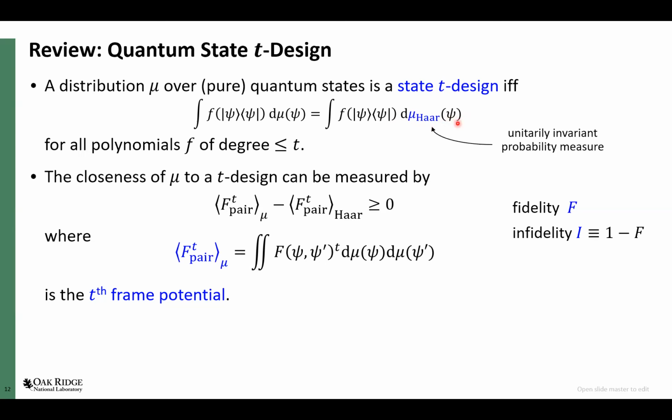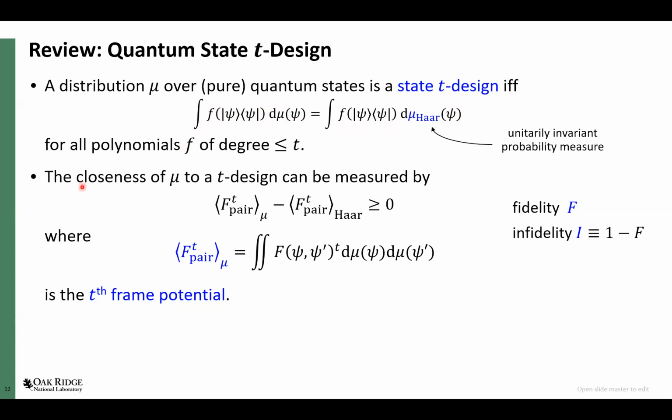This is the uniform distribution of quantum states, called the Haar invariant measure. So if your distribution gives you the same value as the uniform distribution, then that's called a T design.